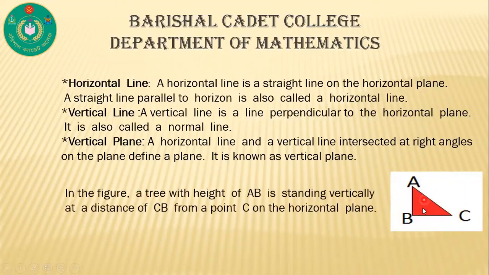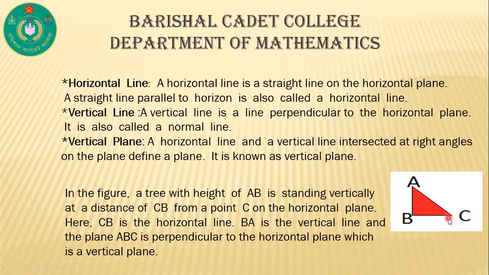In the figure, a tree with the height AB is standing vertically at a distance of CB from the point C on the horizontal plane. Here CB is a horizontal line because the horizontal line is a straight line on the horizontal plane.